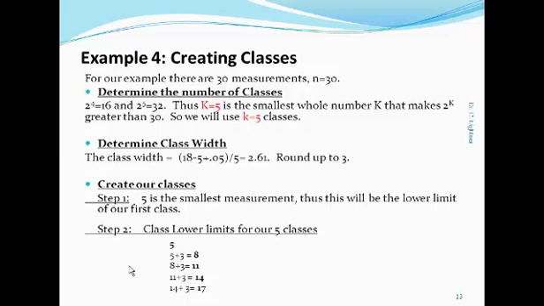Our class width is 3, so the lower limit for our first class is 5, our smallest measurement, plus 3 gives us 8 as the lower limit for the next class, plus our width 3 gives us 11 as the lower limit for our next class, plus 3 equals 14, which gives us our next lower limit, plus 3 equals 17, which gives us our last lower limit for our class.